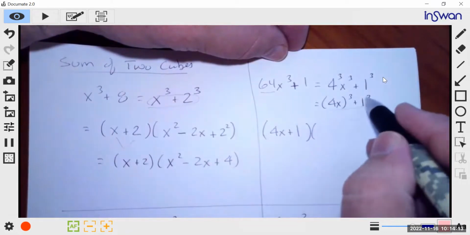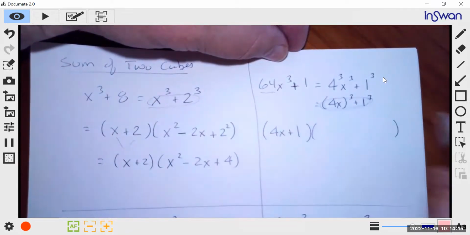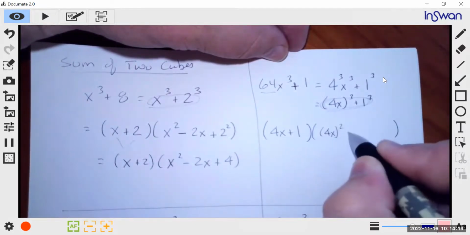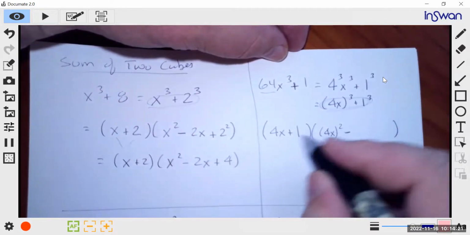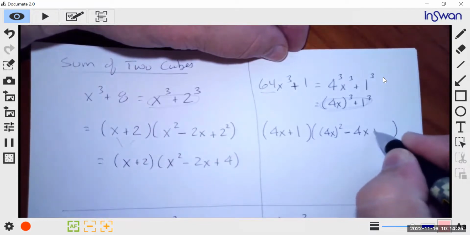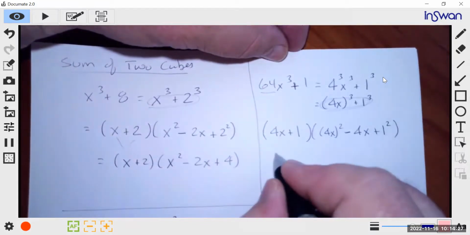So yeah, the first parenthesis, whatever's under the cubes goes in there. The first term squared, minus the first term times the second term, plus the second term squared.